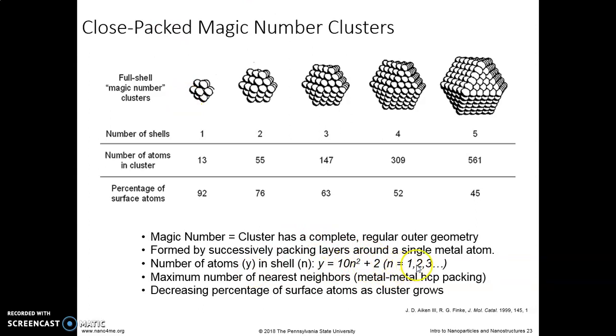When I substitute 1, I get the number of atoms in the cluster. The maximum number of nearest neighbors is considered, for example metal to metal HCP packing. The percentage of surface atoms decreases as the cluster size increases, or the number of atoms increases.